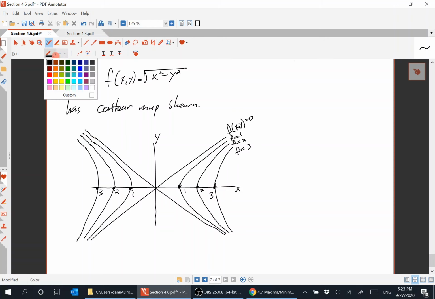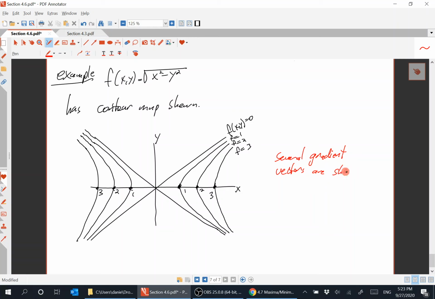So now several gradient vectors are going to be shown here, and the path they indicate. Gradient vectors are going to be perpendicular, so it looks kind of like that.